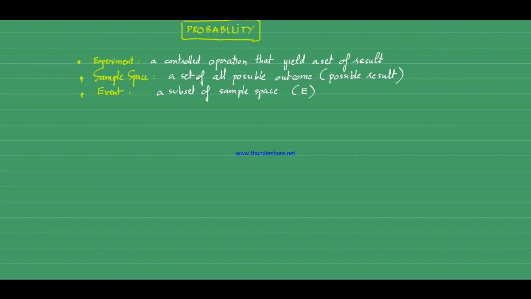In this video there are two different types of probability. First, the theoretical probability.